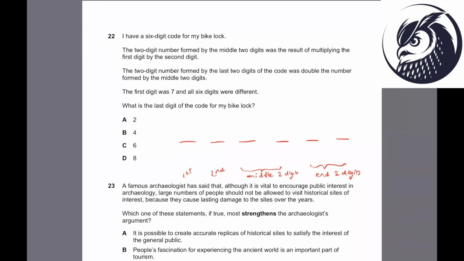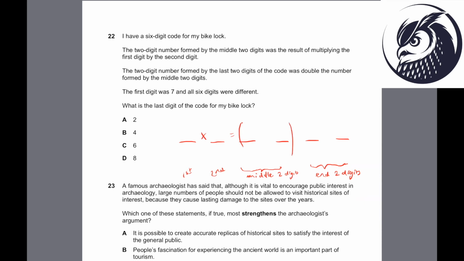Okay, it says that the 2-digit number formed by the middle 2, so these 2 over here, was the result of multiplying the first one by the second digit. So these 2 multiplied would actually equal the middle 2 digits, okay?